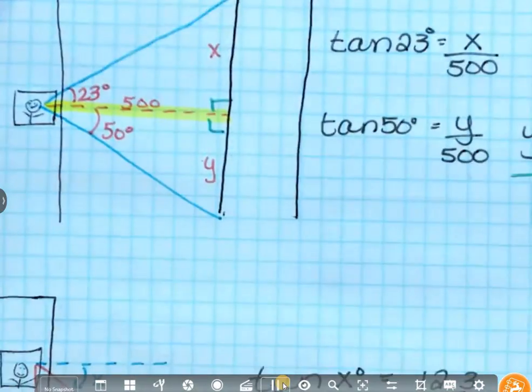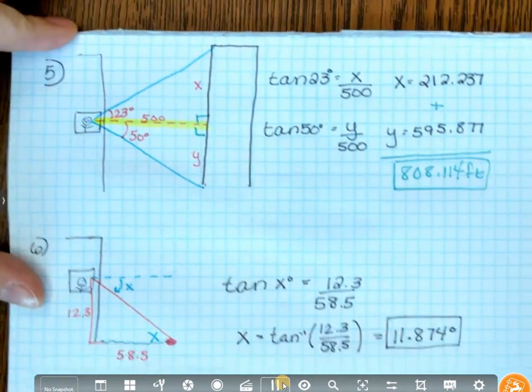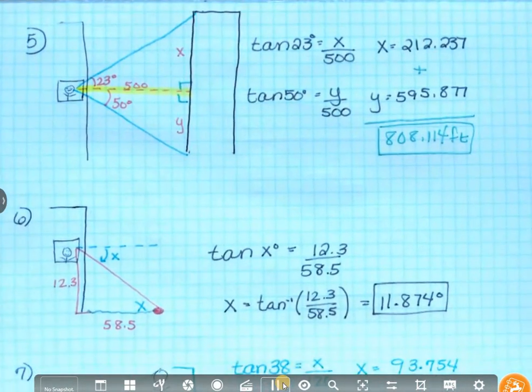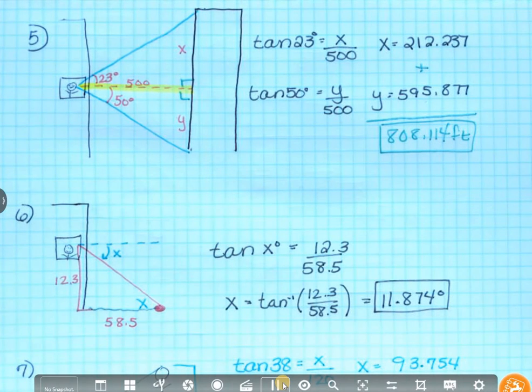All right, looking at the very first problem, number 5. I got 114 feet, sorry. Number 6 was 11.874 degrees. We do those two okay? Got questions on those? Let me know.